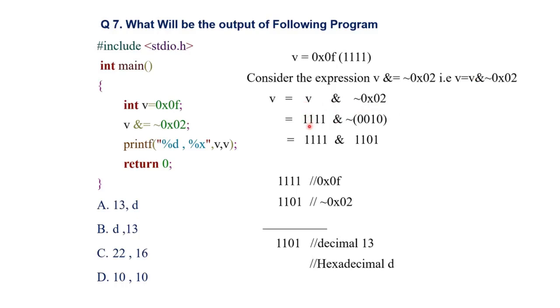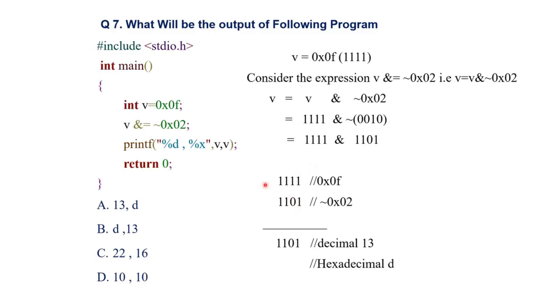The value of v is 1111, and then the negation of 0x02; the binary representation of 02 is 0010. So the negation of 0010 is equal to 1101, and then 1111 and 1101 will be calculated like this.